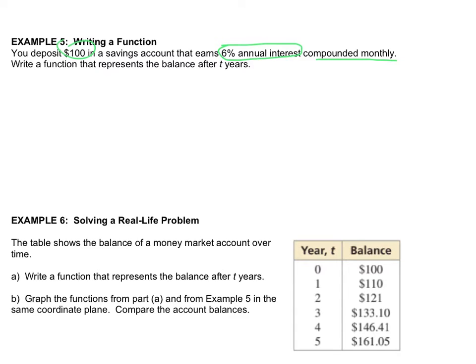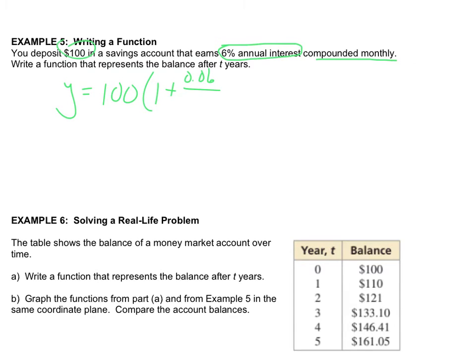Okay, so if I use that compound interest formula, 100 is our initial amount. It's 1. It's always 1 because we're going to keep 100% of that 100, and then we're going to add on. So R, that is your interest rate per year, so 0.06.